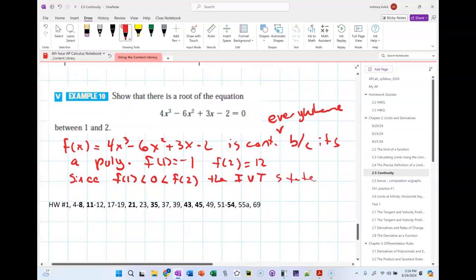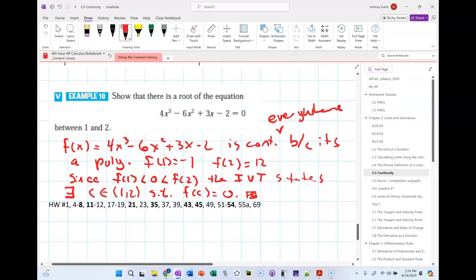States there exists, the symbol for there exists in mathematics is the backwards E. You can always write the words there exists. You don't have to do that. A C on the interval from 1 to 2 such that, I'm just doing ST as my abbreviation for such that, f of C is equal to 0. And I'm done.